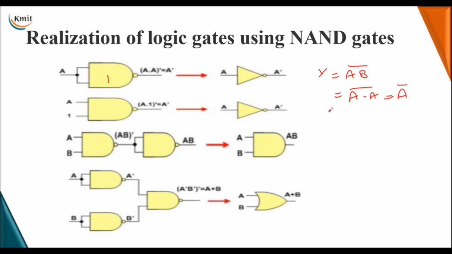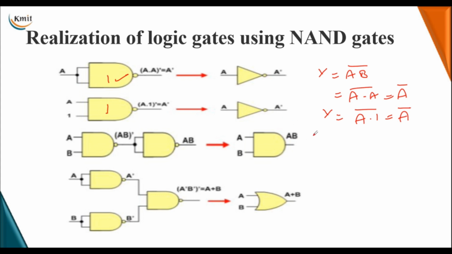Or else, if one input is tied to a logical one, then B is 1, and A AND 1 using the AND law is A, so you can also implement the NOT function using one NAND gate with the second input always tied to logical one and the first input given the input which you want to complement. The most popular way we use is the conversion by interconnecting the two inputs.